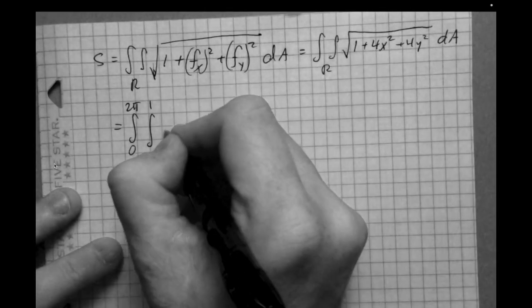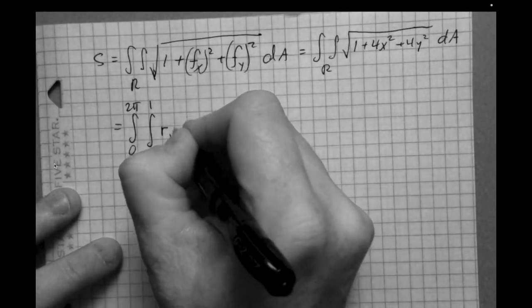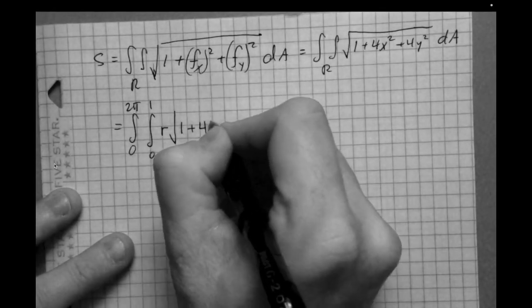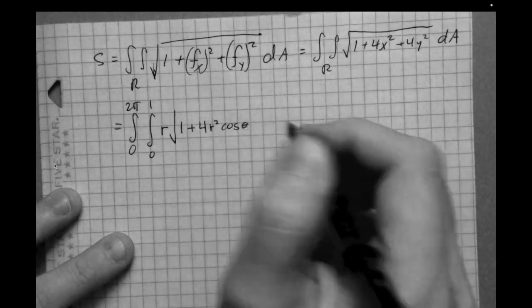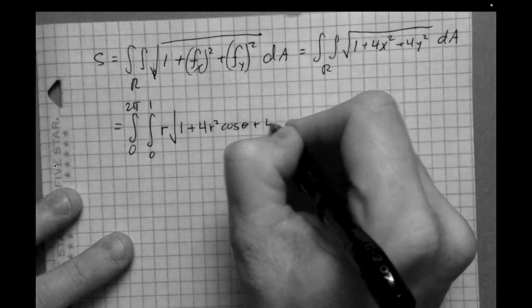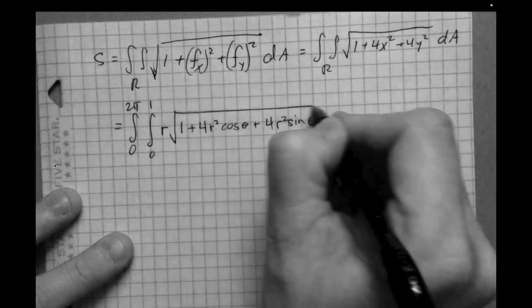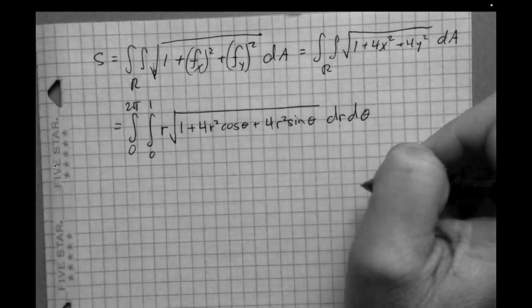And then the function will be changed into, remember we have to toss in an r factor, so just do that up front. So it's going to be 1 plus 4 times r squared cos theta plus 4 times r squared sine theta. And then it's dr d theta.